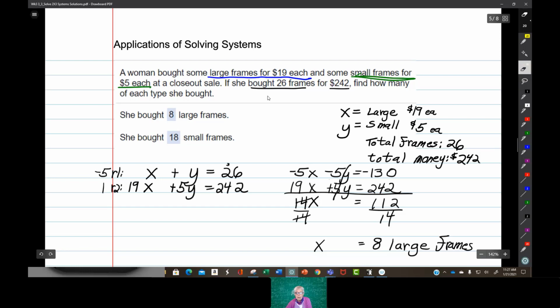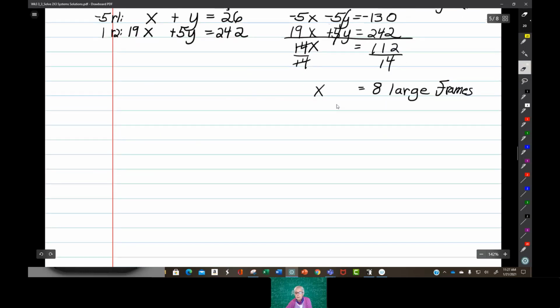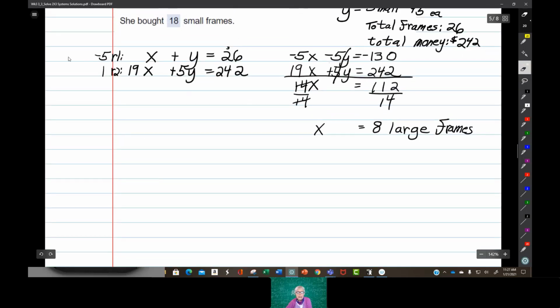Okay, now that I have a number, I can go to either of the original equations. They have to be the original equations. So, for sure, row 1 looks easiest. X plus y equals 26.